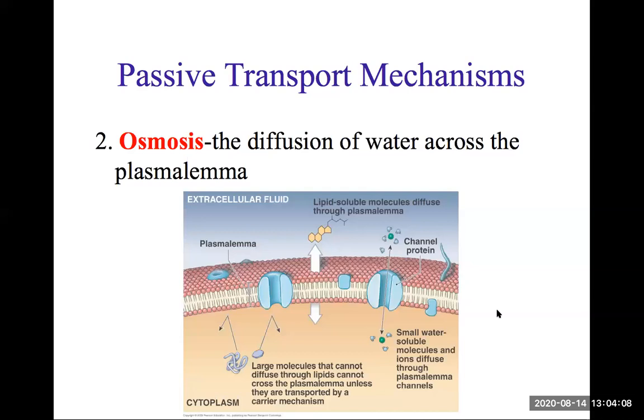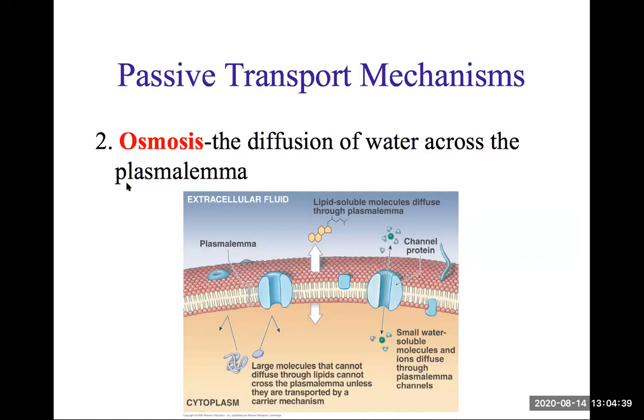Okay, there's a special case of diffusion known as osmosis. And osmosis is only used to describe the diffusion of water molecules across a semi-permeable membrane, which I told you is how we describe the plasma lemma. Okay, so it's very similar to diffusion as I just explained it, but for biochemical reasons, we treat this separately.